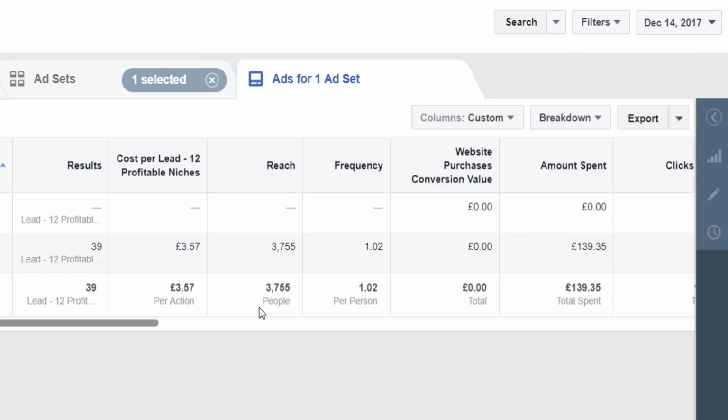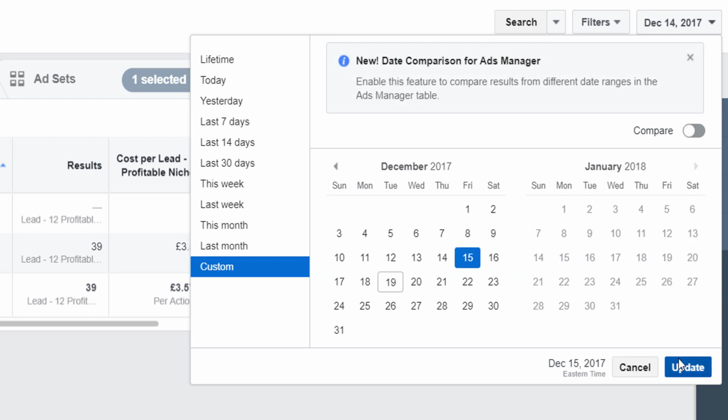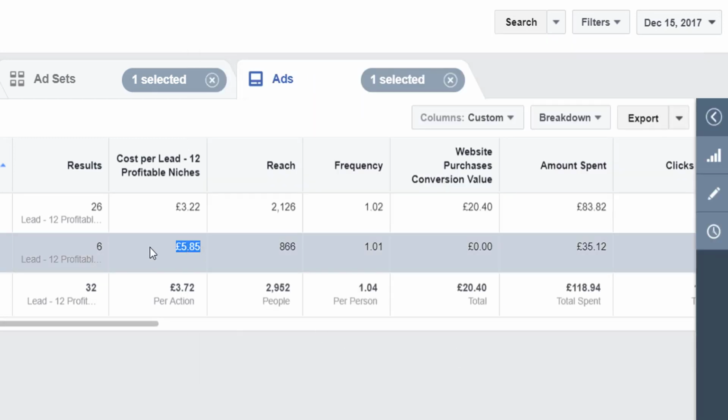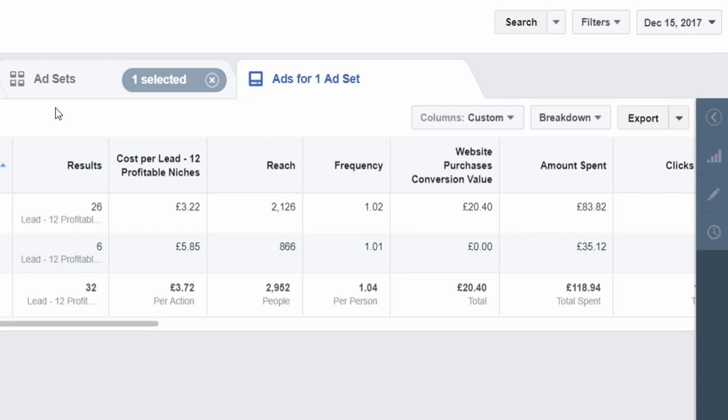Then we go to the 14th, it's back up to $357, and you can see a gradual increase in the costs, okay? So that went up to $5.85 per new lead, and that to me is pretty high when I could be getting leads for around $2 or so, which is roughly $2.50 or so.